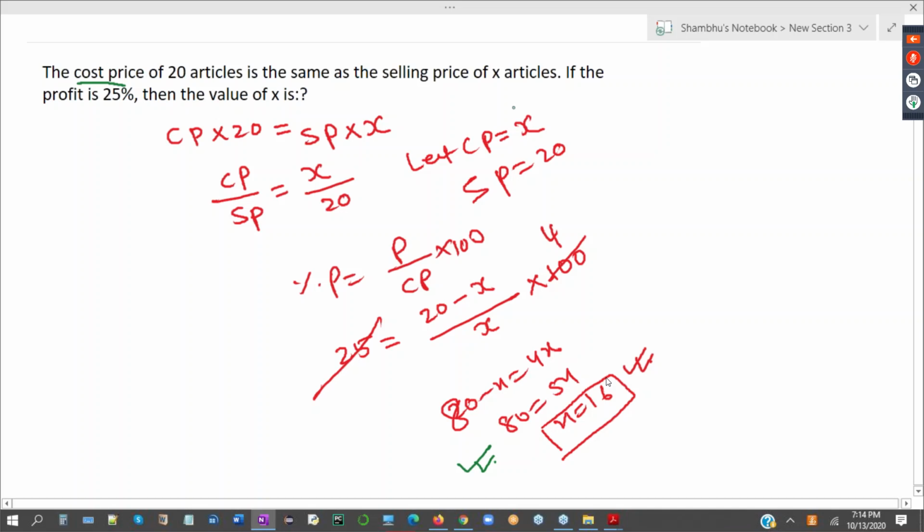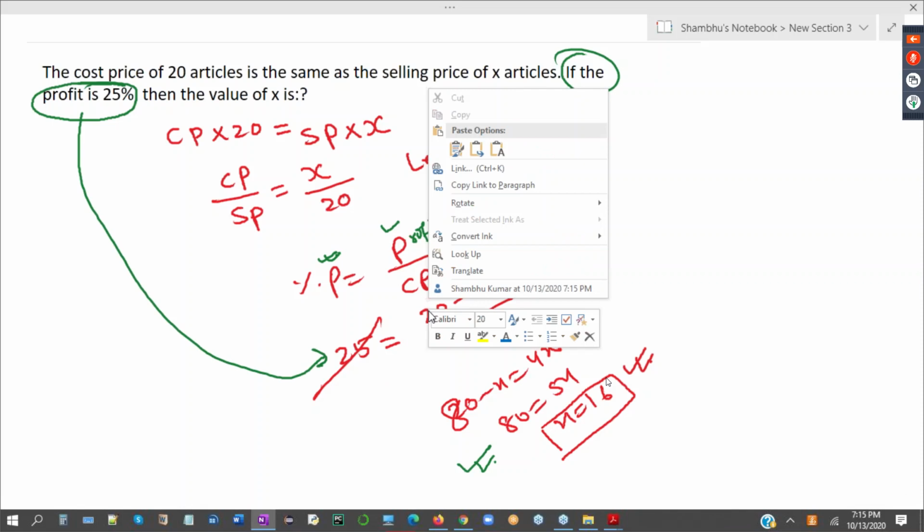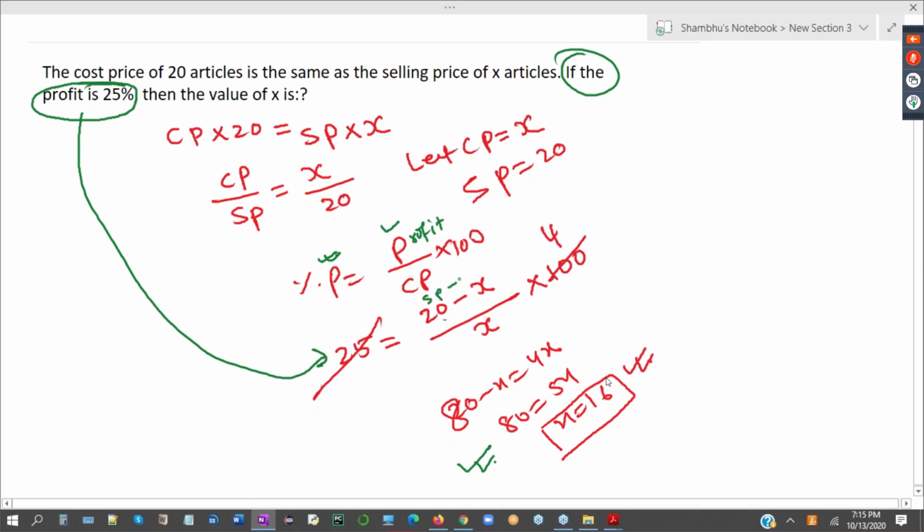Profit percent is given. If the profit is 25%, profit percent is profit by CP into 100. Profit percent is given in the question as 25%.